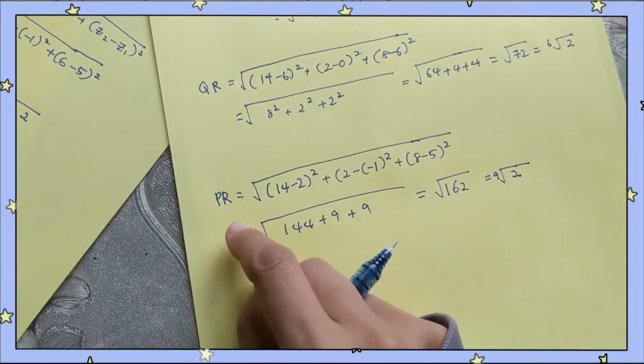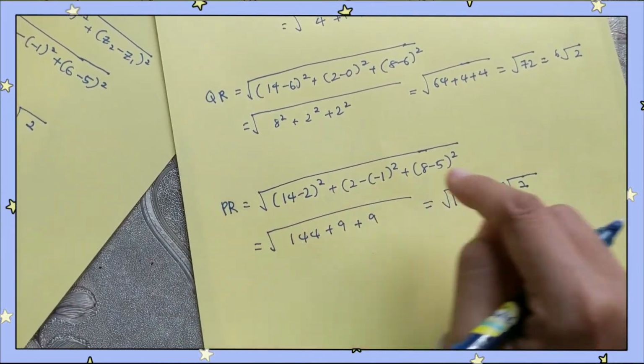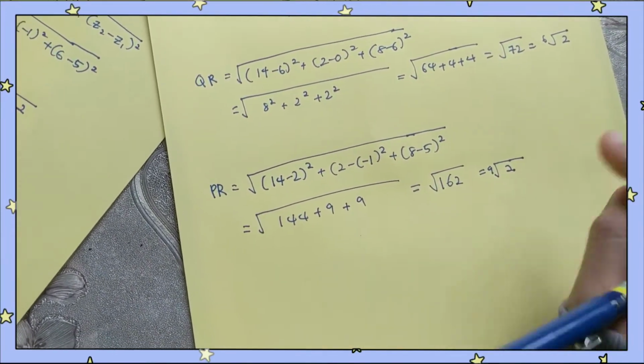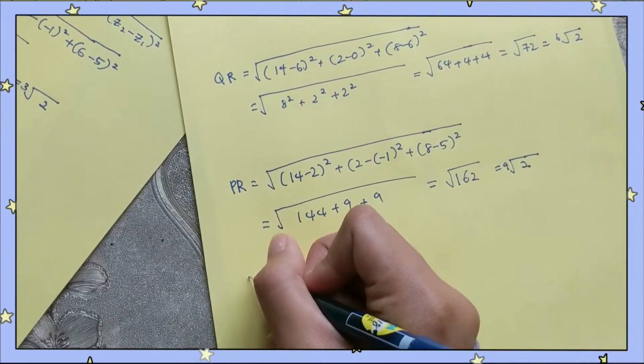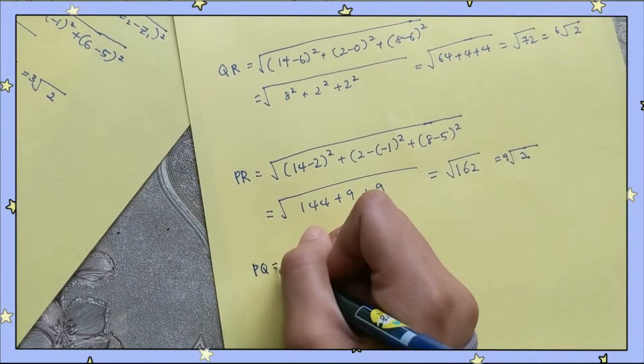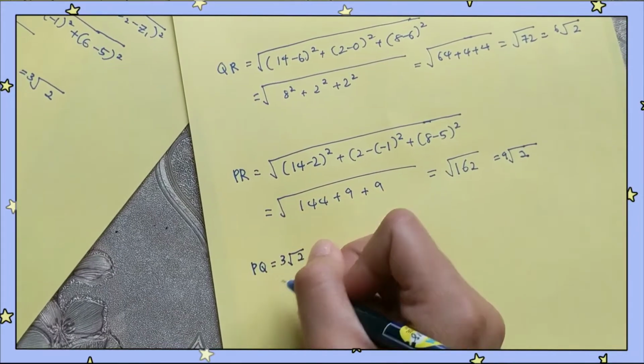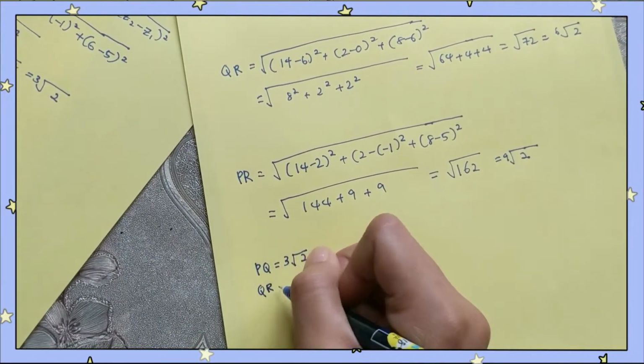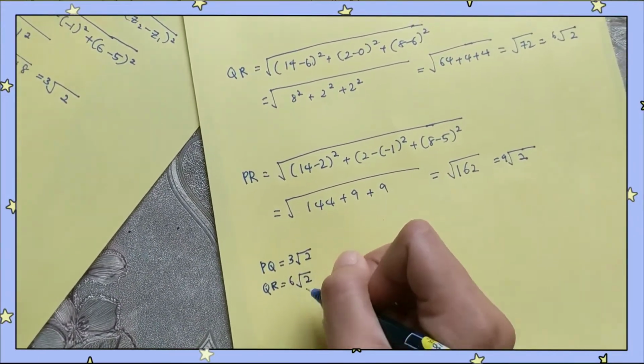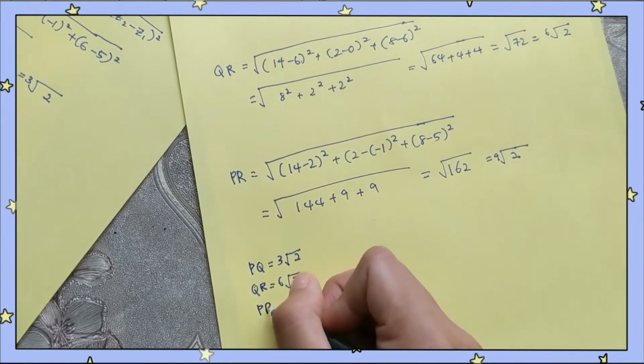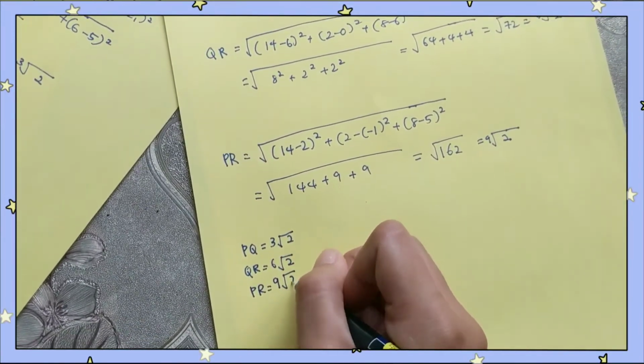Now we got the distance between P and R is 9 square root 2. So list it down. PQ is 3 square root 2. QR is 6 square root 2. And PR is 9 square root 2.